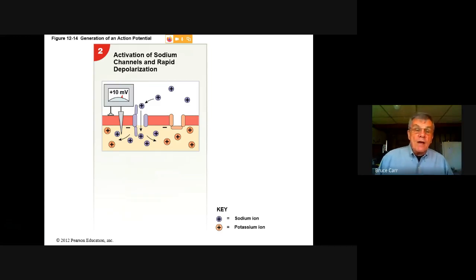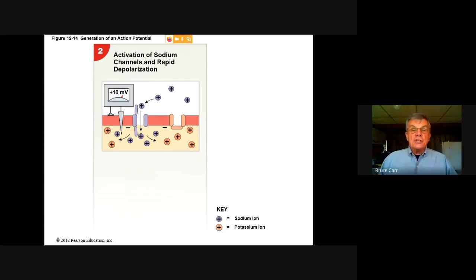However, as sodium rushes across, the concentration on both sides of the membrane becomes closer and closer to equal, and so the force of diffusion goes way down. Also, as we cross zero and become positive, the electrical force which drew sodium in at the beginning has now been eliminated and even reversed. So the force on sodium to move after this initial burst is much reduced.